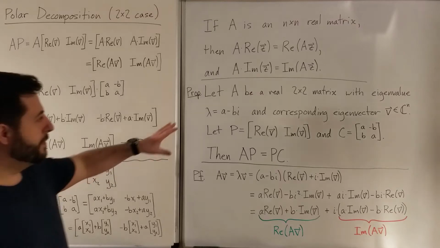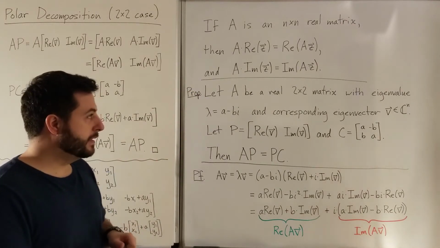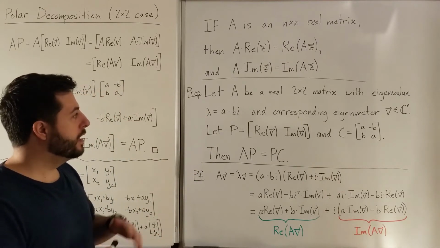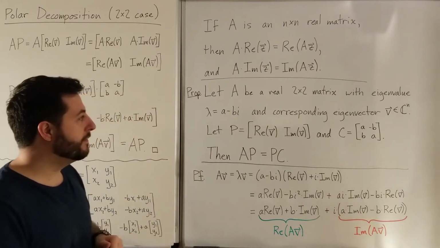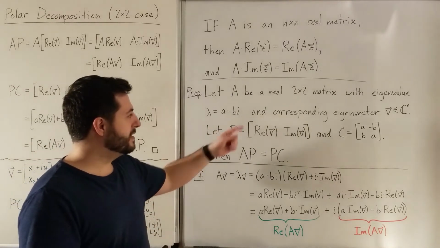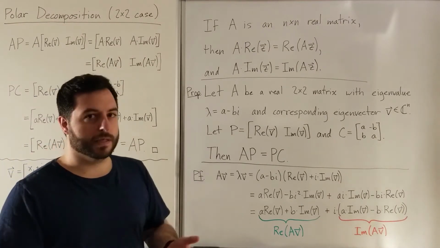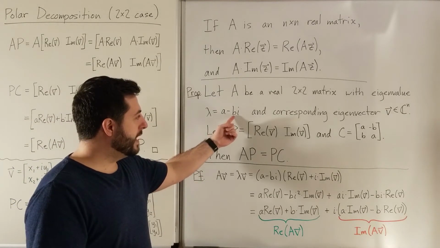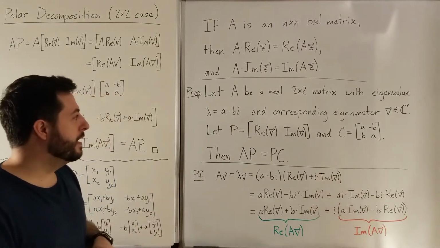Now let's take a look at this proposition here. So A is going to be a 2 by 2 real matrix, and lambda is going to be one of its eigenvalues. Just recall that if a minus bi is an eigenvalue of lambda, and b is not 0, then the conjugate a plus bi must also be an eigenvalue. b could be negative here, so this could actually be a plus some positive number times i.